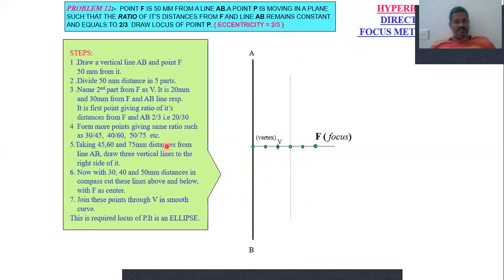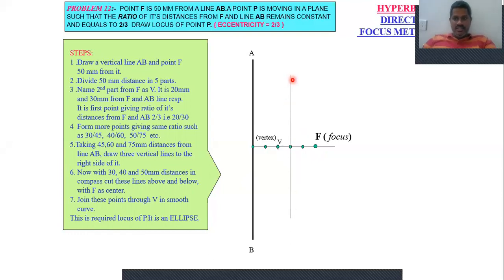Then take 30 mm. This is our 30 mm line. The ratio is 30 on the directrix side to 45 on the focal side. Take a 45 mm radius in the compass. With F as center, locate the points on this vertical line.